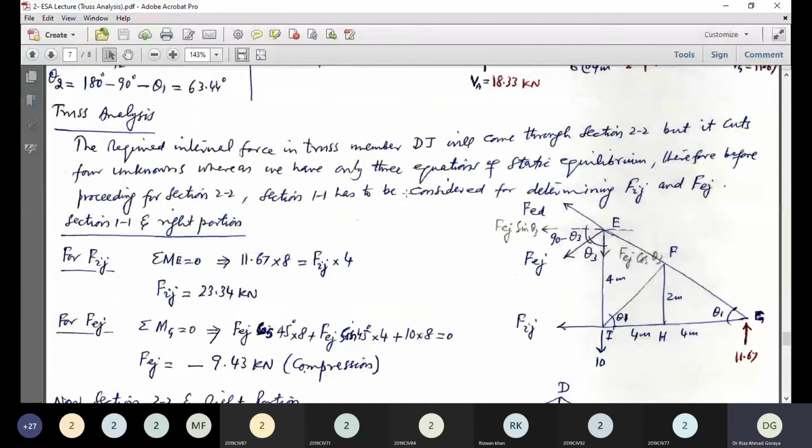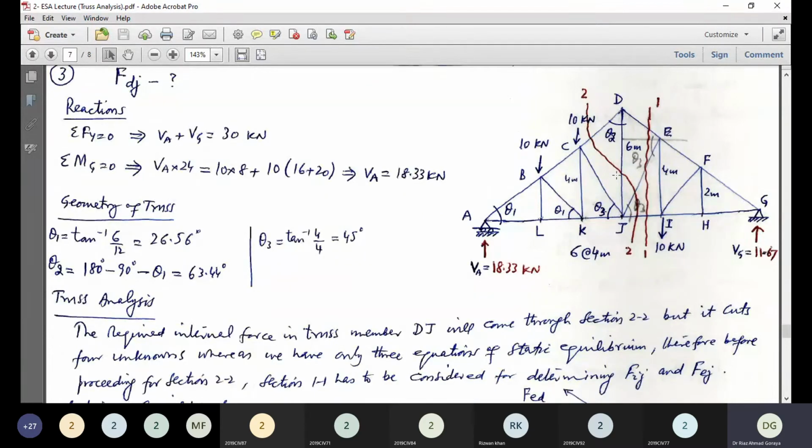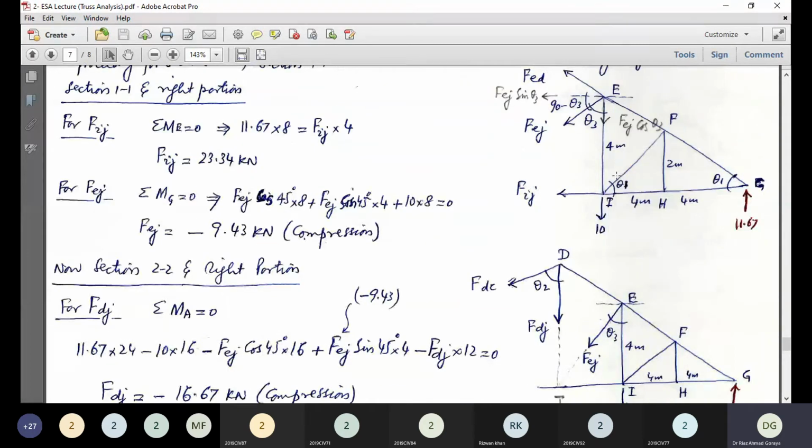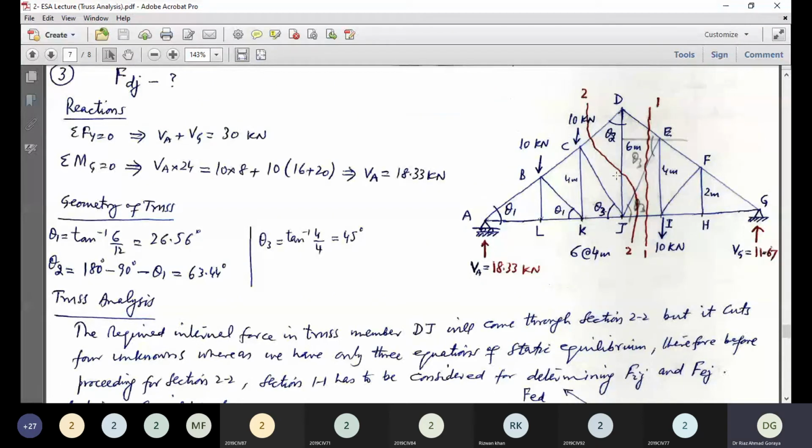Now look at, apparently this truss seems to be quite difficult, but the solution is on half page. And that is possible, that how smartly you address a problem. अगले भी टॉपिक्स में और यहाँ पे भी.